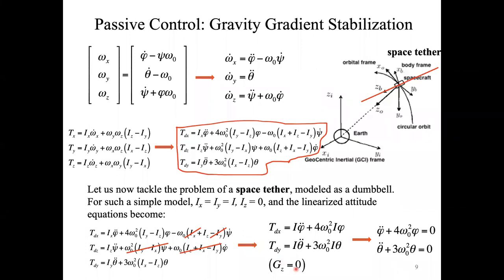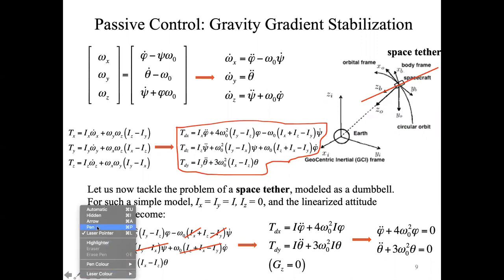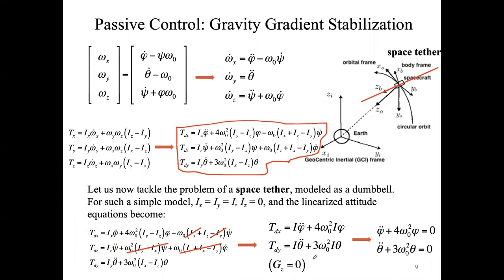If we want to know the attitude of the space tether, what we are going to introduce here is an additional equation, T d zeta equal to I zeta. Actually, the problem is that I zeta is equal to 0. In reality it's not exactly equal to 0, but here it is basically equal to 0.